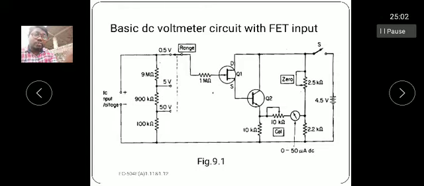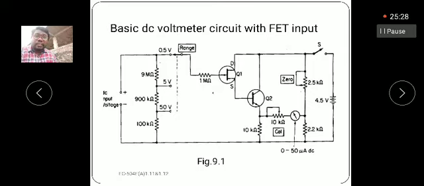Thus, there is no emitter current flowing in the transistor Q2. Therefore, the microammeter connected between the points of the bridge shows the zero reading. This is called the zero adjustment.